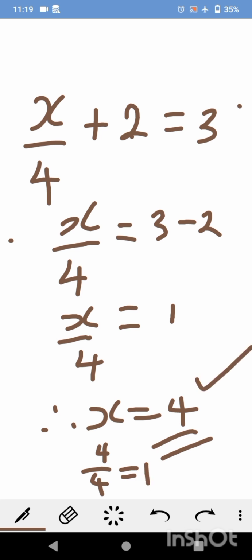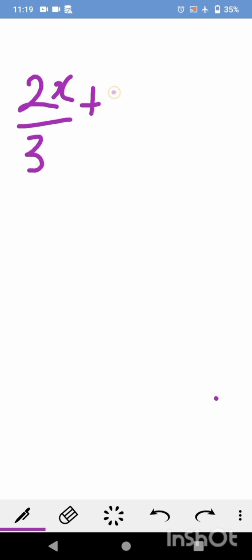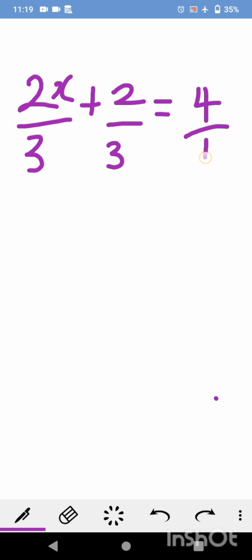Alright. Okay, let's look at another example, where we'll have 2x all over 3 plus 2 all over 3 equals 4. Alright, in this case we identify the denominators of all the fractions, then we multiply through by the LCM.